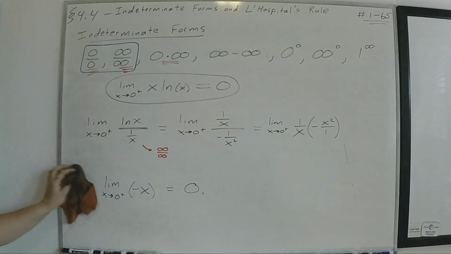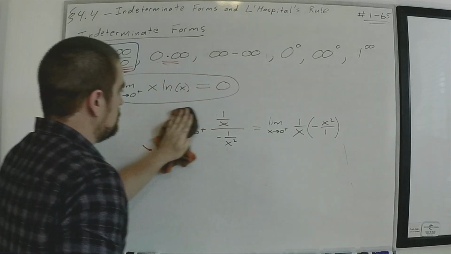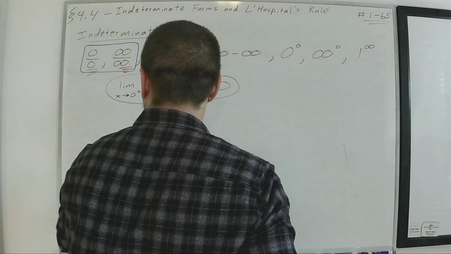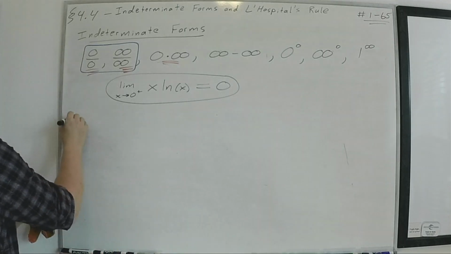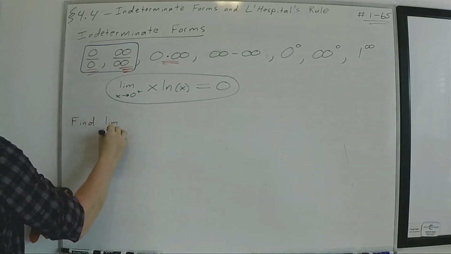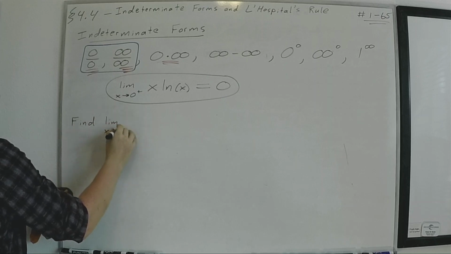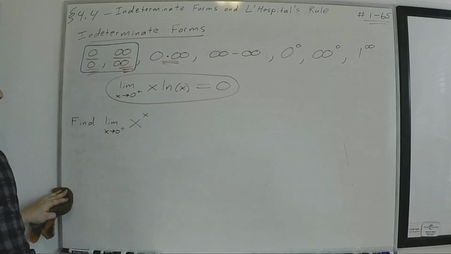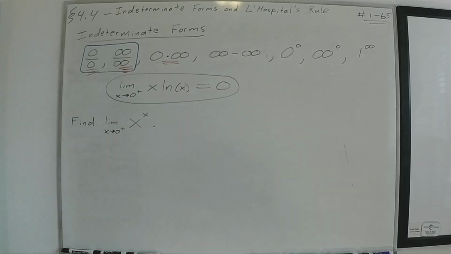And I'm going to leave that on the board for a second. And look at the limit as x goes to 0 from the right of x to the x.